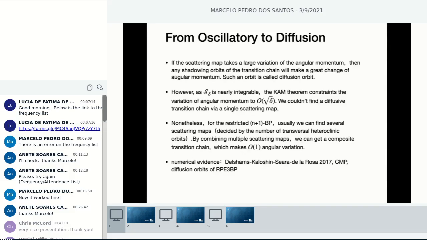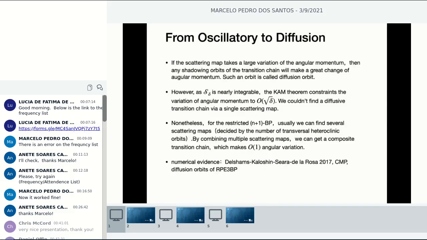So basically we can combine these different scattering maps to get a composite transition chain. For this composite transition chain, it still has a chance to make an O(1) large variation of angular momentum.